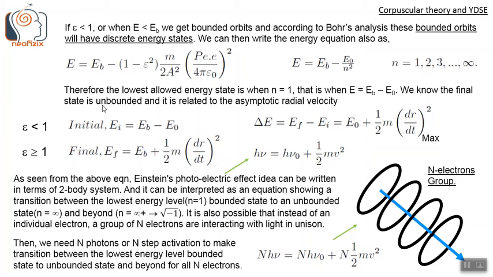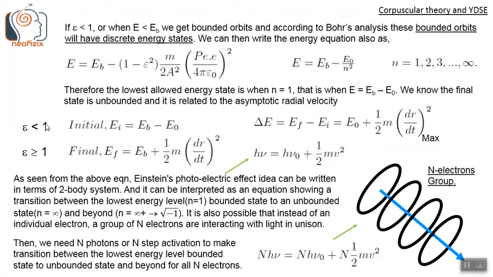And we know the final state is unbounded and it is related to the asymptotic radial velocity. So we saw this is the final state, which is the state where epsilon is greater than or equal to 1, which will be reached after the transition. So EF equals Eb plus half m dr by dt square, where this is the maximum radial velocity. And the initial state we described here at n equals 1 is EI equals Eb minus E naught.